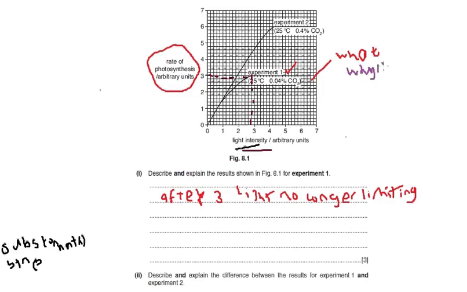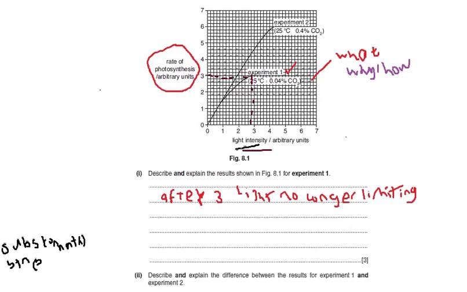That's the rule here. So start by saying what you can see. At low light intensity, we can see that an increase in light intensity creates an increase in photosynthesis, so the rate of photosynthesis is directly proportional to the light intensity.